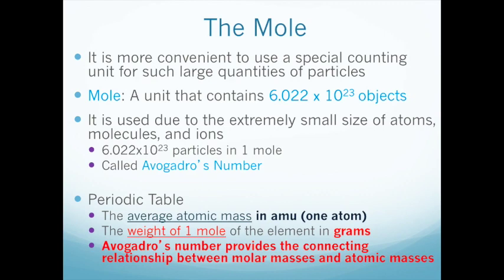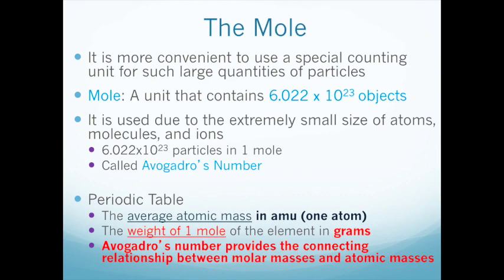And this number is called Avogadro's number, and it's the number that if you multiply the atomic mass in AMUs, it gives you the molecular weight as the same number. And I'll explain that more.